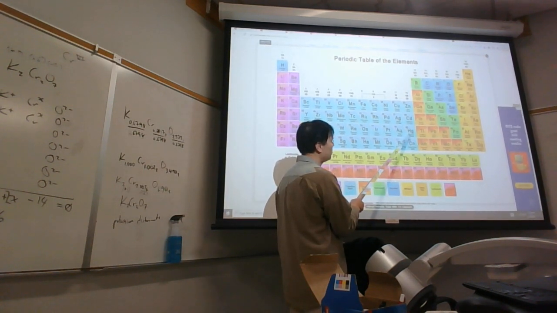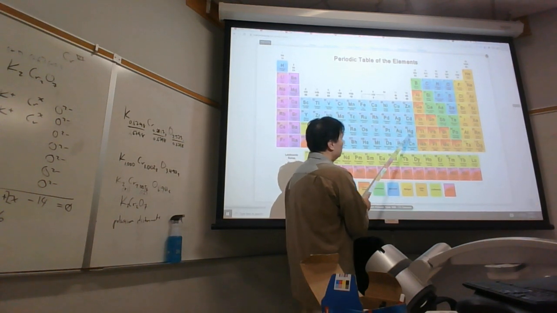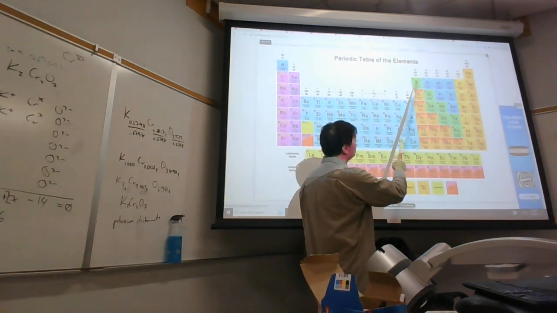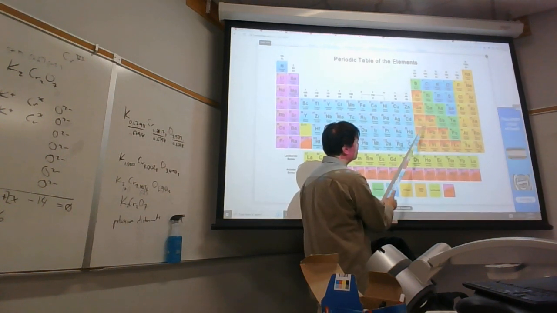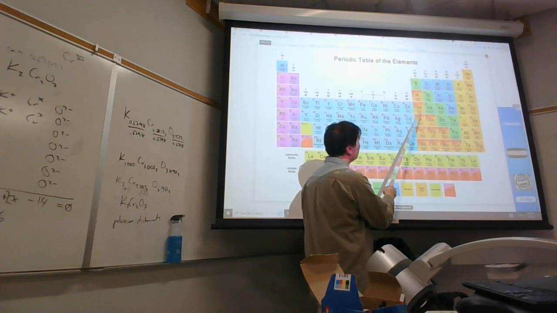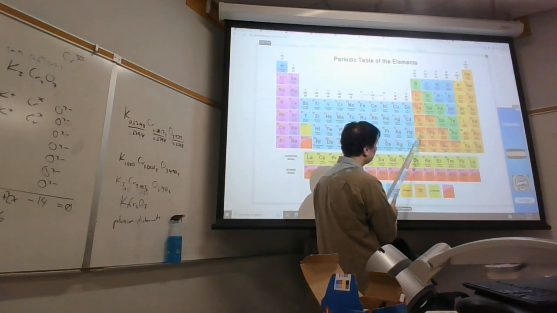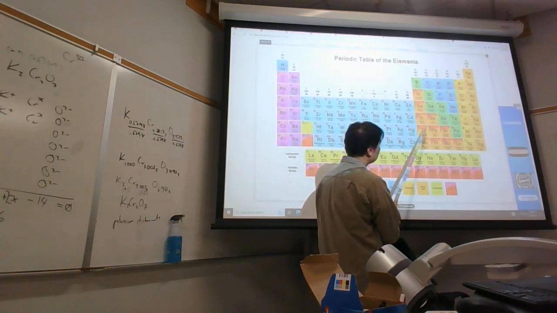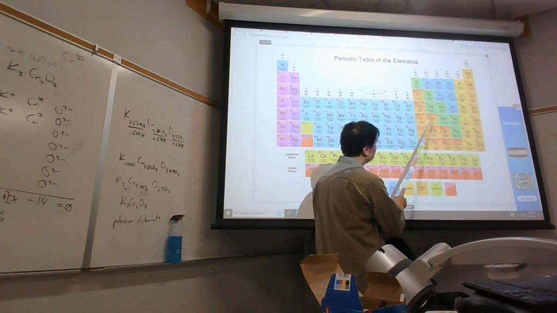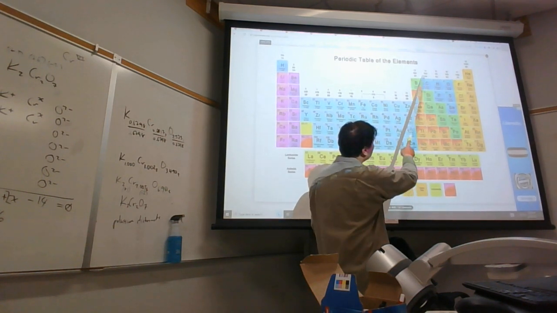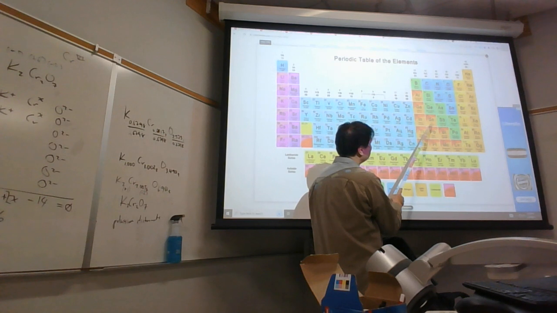Mercury is +1, +2. These ones like to go in the variable charge. These ones like to go +3, sometimes thallium +1. Tin likes to go what? +4.